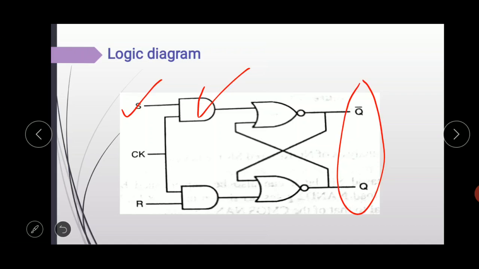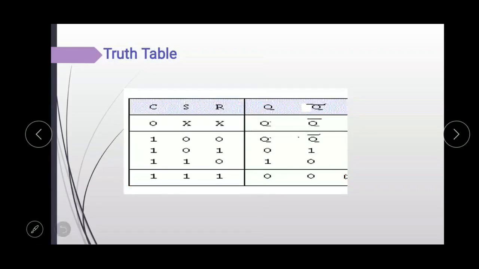So the clock signal is the main signal that controls the whole circuit response. This is the truth table. Here you can see when the clock is 0, it holds the previous state. But when the clock is 1, the circuit operates similar to the SR latch.